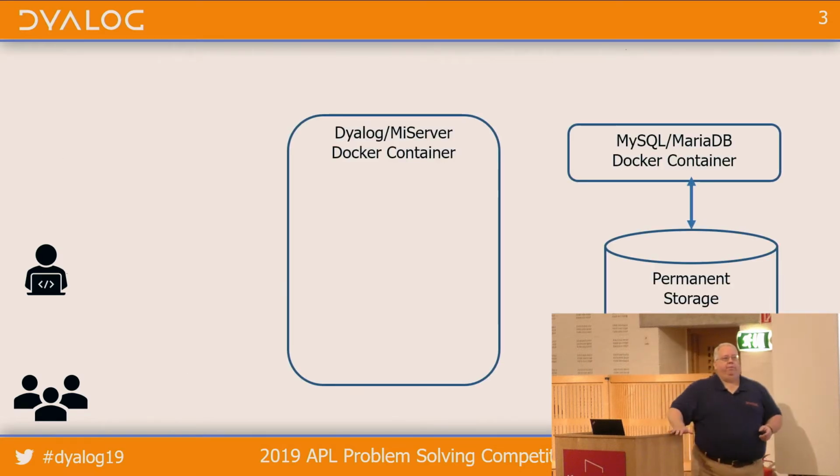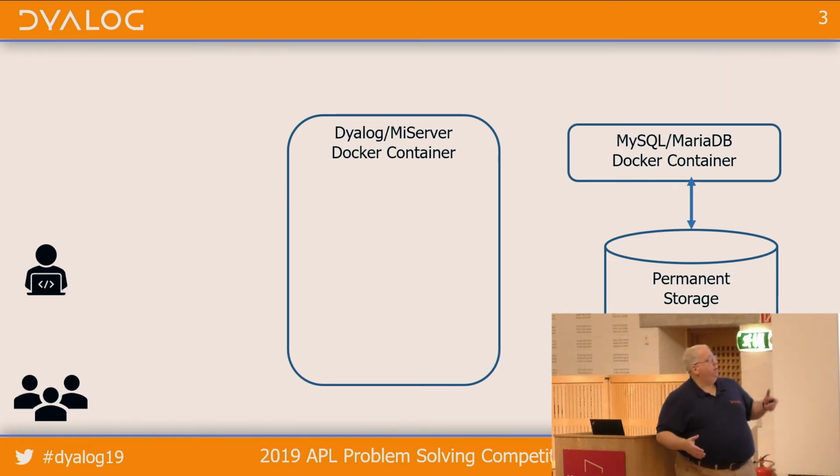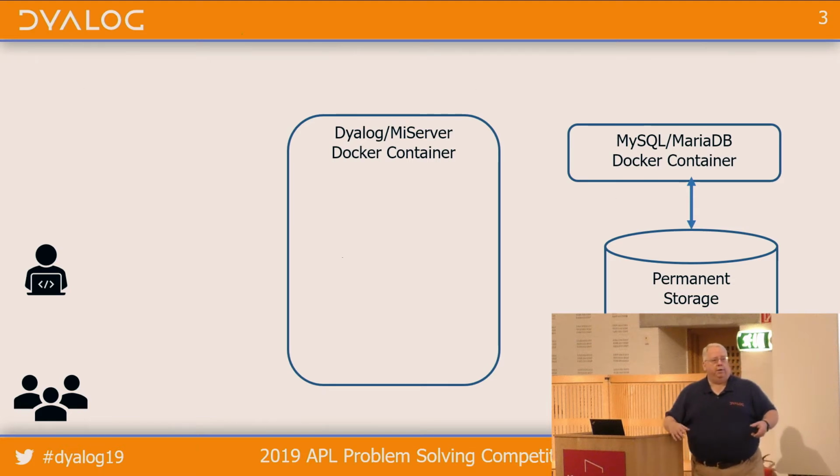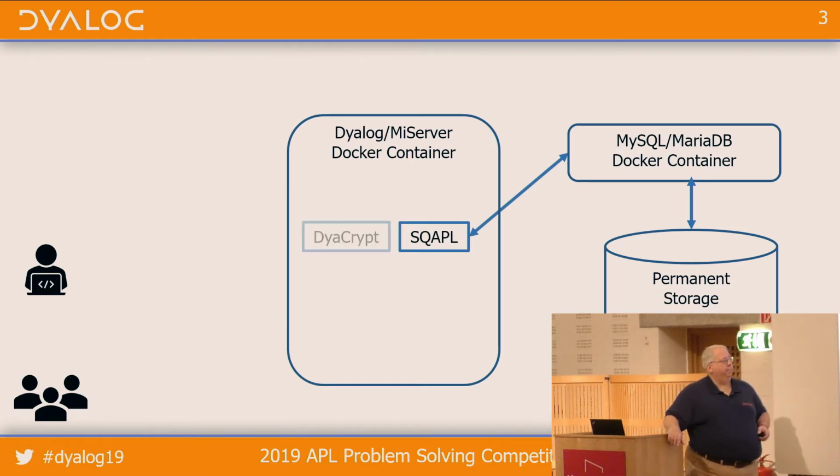So about 20 minutes after the meeting, Jason walks over to me and he says, okay, well, I've built you a set of containers for MiServer, and I've built you a database container, and I've also given you permanent storage to put things when the containers are recycled. Okay, well then if I've got a MySQL database, I need SQAPL to talk to it.